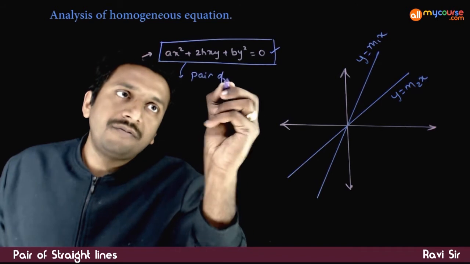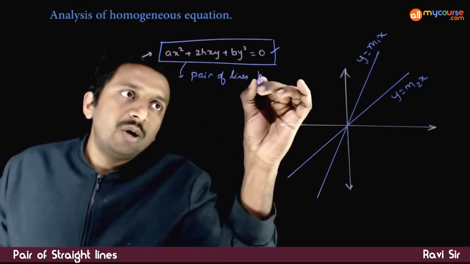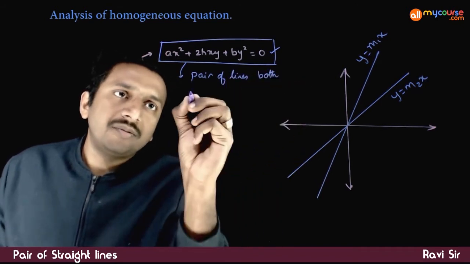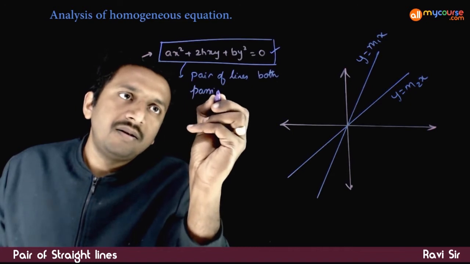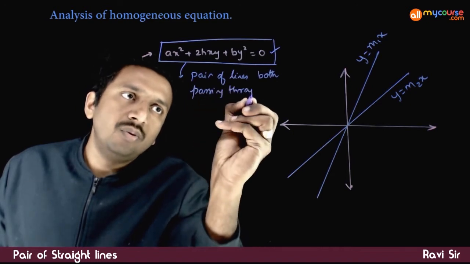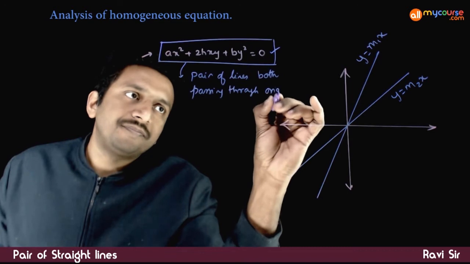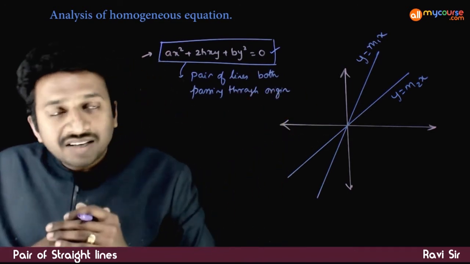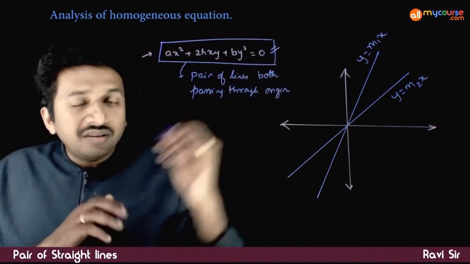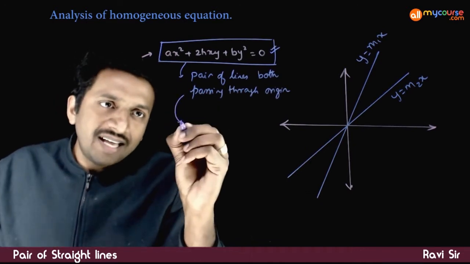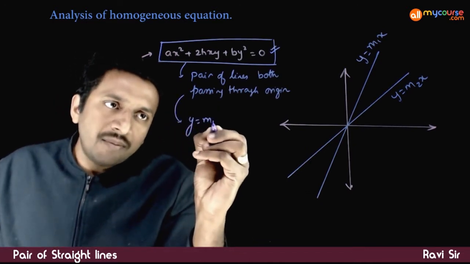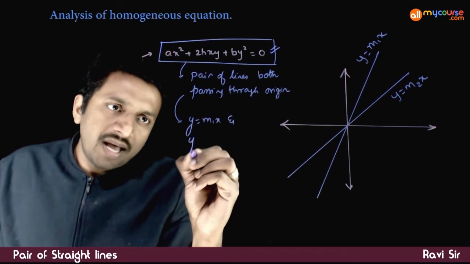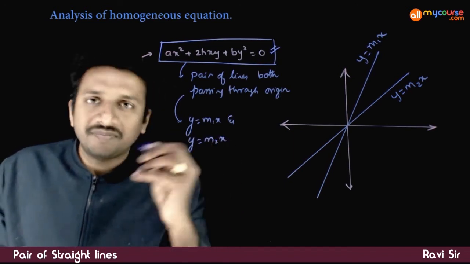So, a pair of lines both passing through origin. Let us say that this equation is made up of the lines y is equal to m1x and y is equal to m2x.